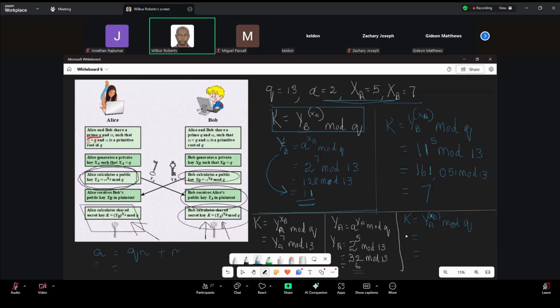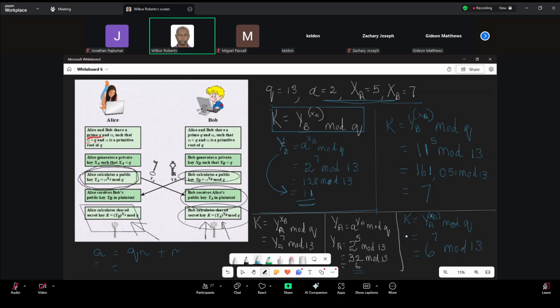So it will be YA, which is 6 to the power of XB, right? XB is 7, mod Q, and Q is 13.